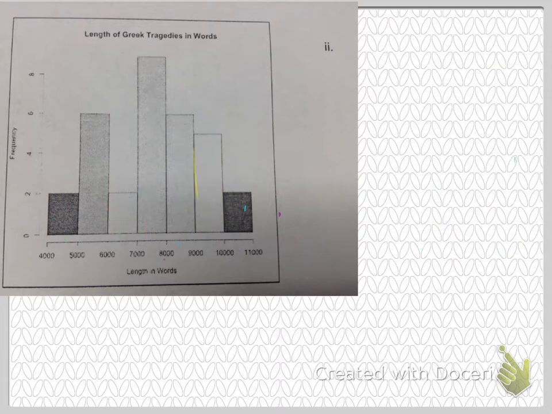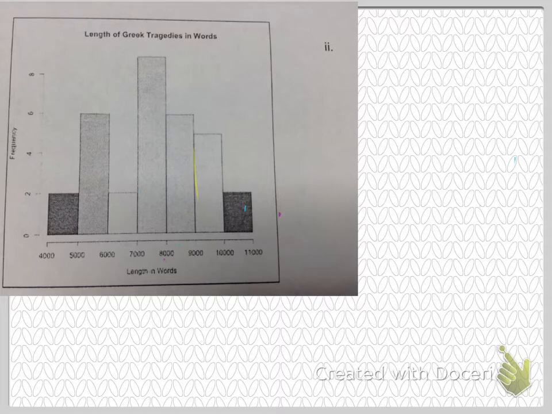Our next question is to find the approximate mean for each histogram. So what we need to do on this problem is figure out how many of the Greek tragedies have specific ranges of words.